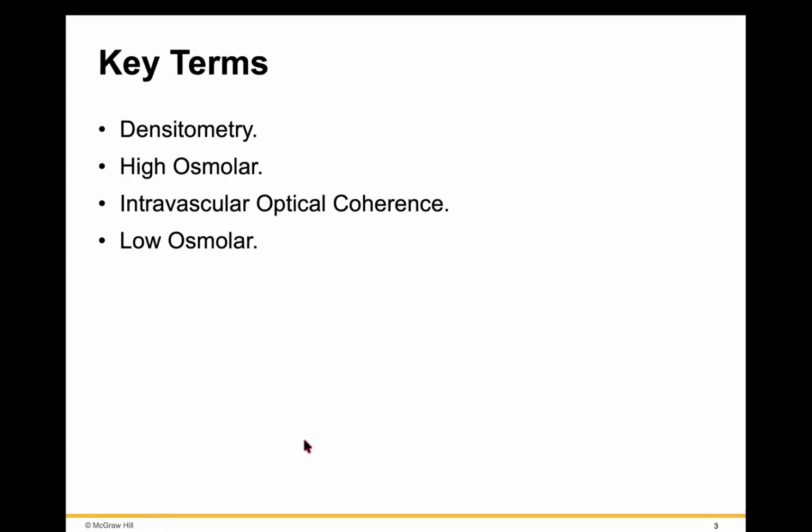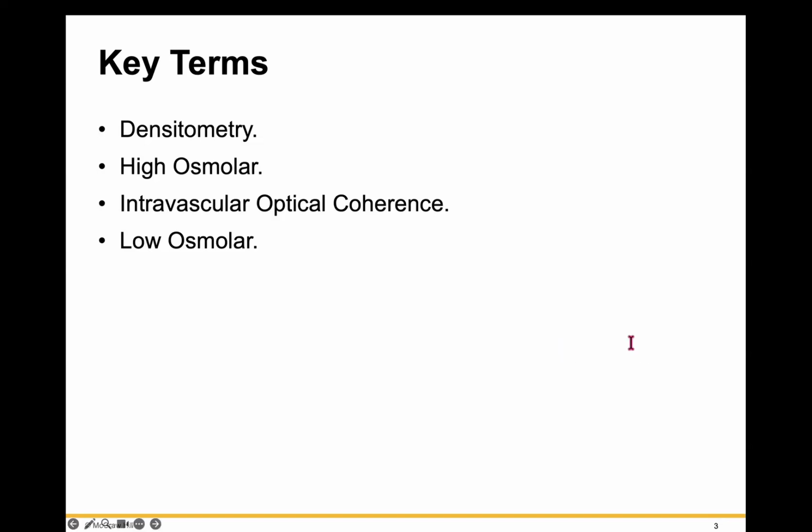As with every chapter that we go through, there are key terms, and there are just 4 key terms for this week. The first one is densitometry. Densitometry is a technique that is used in a clinical setting. We're going to talk more about that.